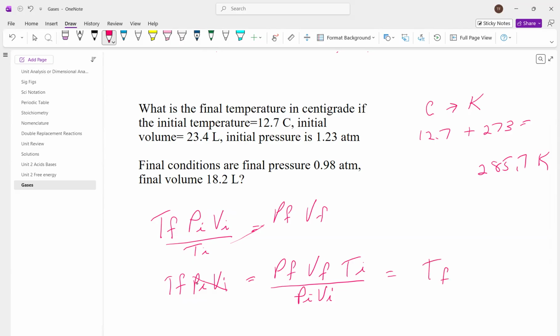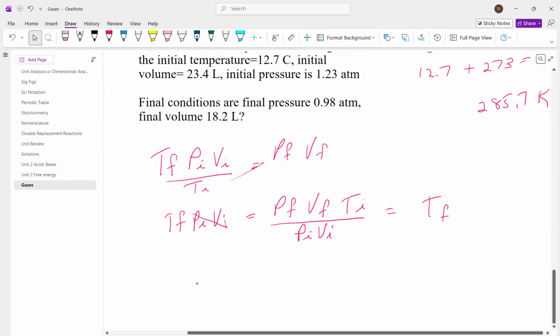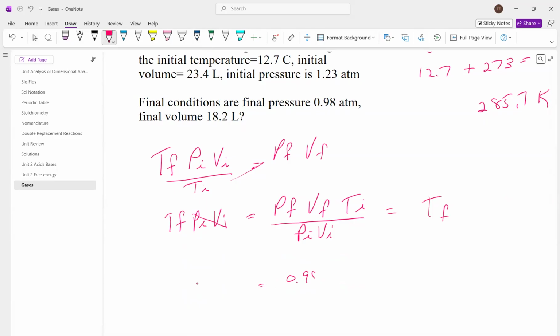Okay. So now we just substitute in the numbers. Okay, so the final volume is going to be 18.2 liters.